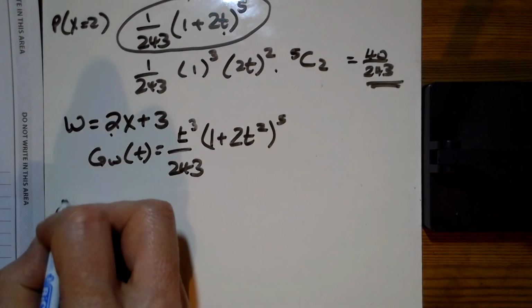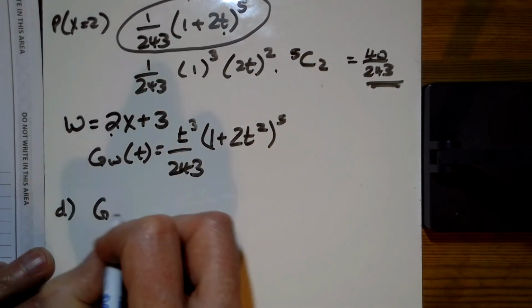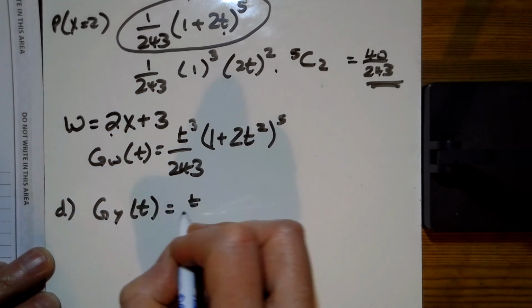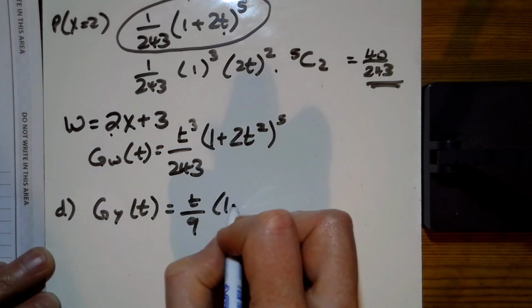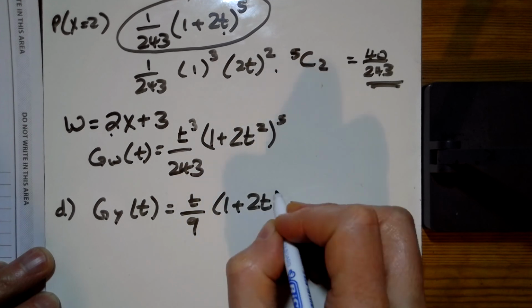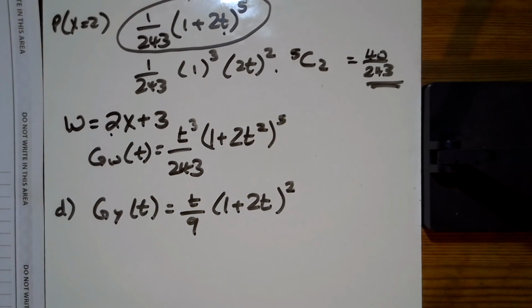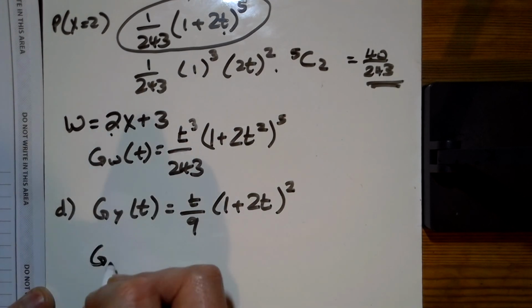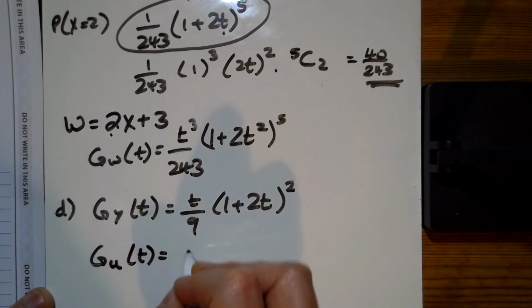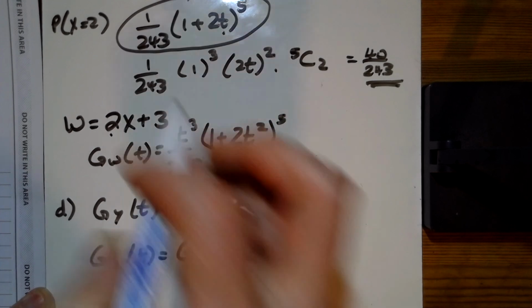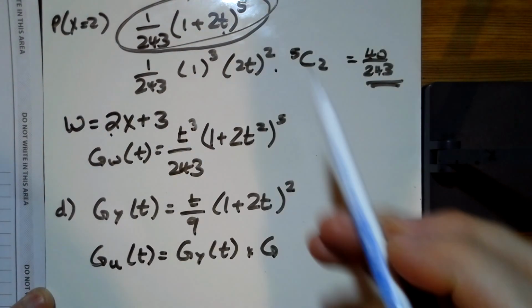Part D. We've also got the y generating function, which is t over 9, 1 plus 2t all squared. So to find out the generating function for u, we're going to times this new y by the x that we had earlier, which was up there.